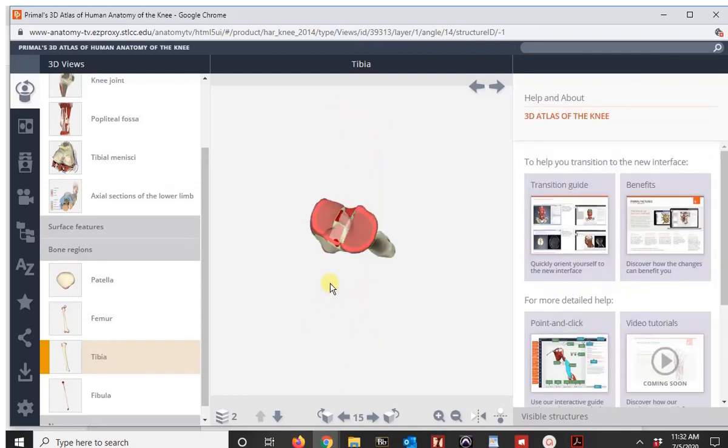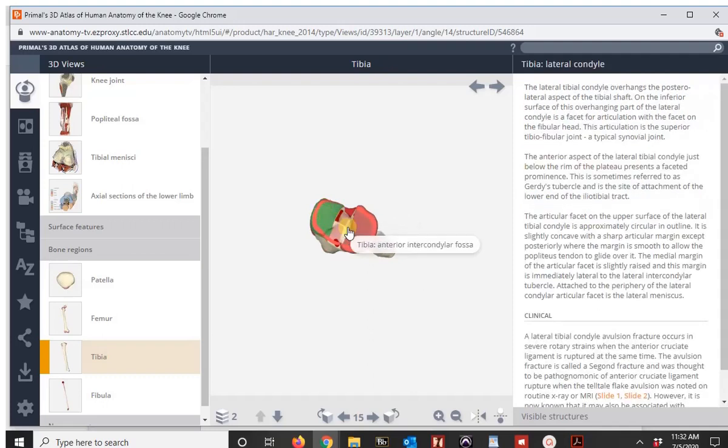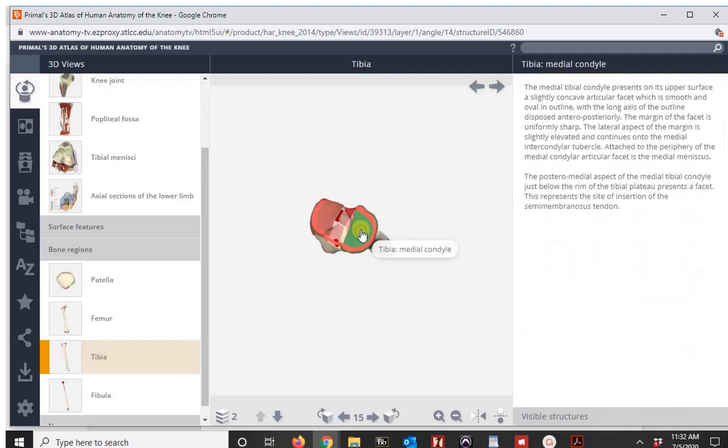Now here is the top of the tibia. So you can see here is the front of the tibia. So this would be the tibial tuberosity. You see this bump coming out, and there's a rough patch on the front of the tibia right here. But you can see the condyles a lot better. Here's the lateral condyle. Here's the medial condyle.